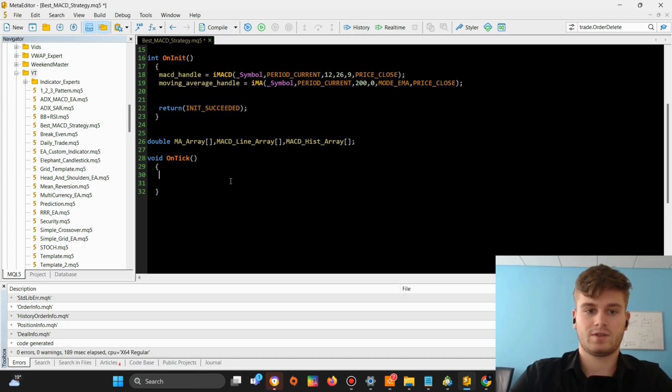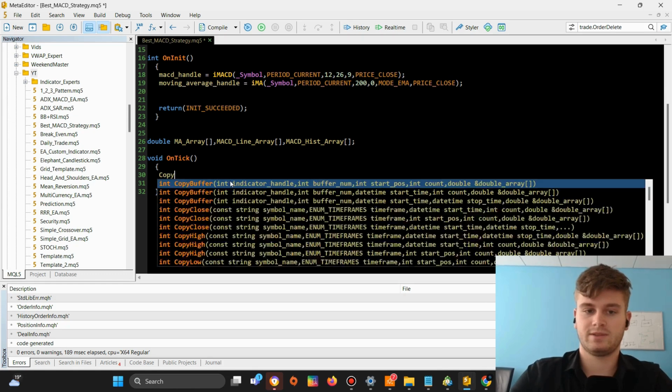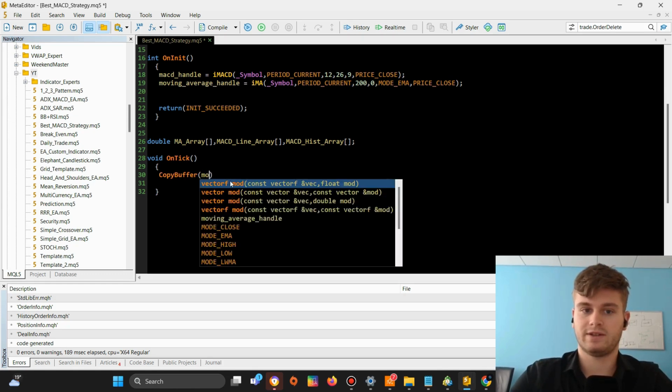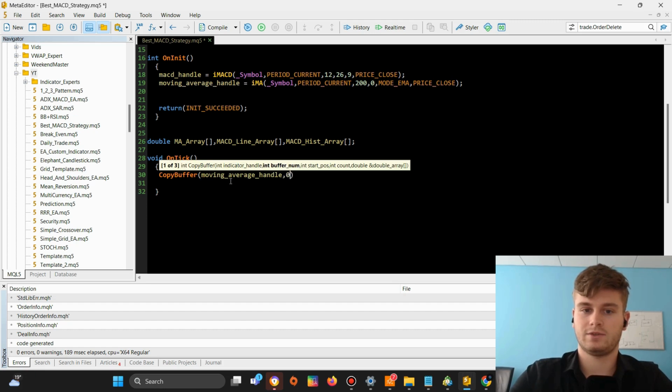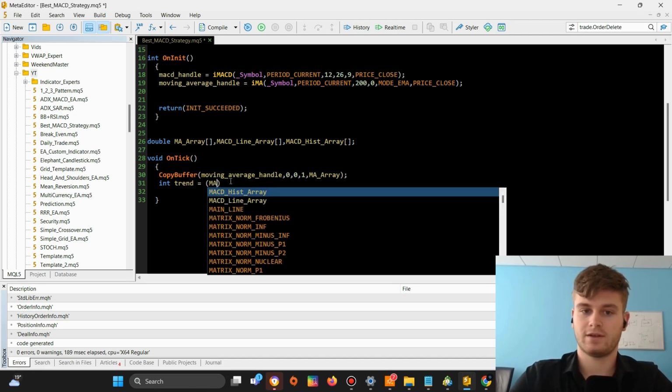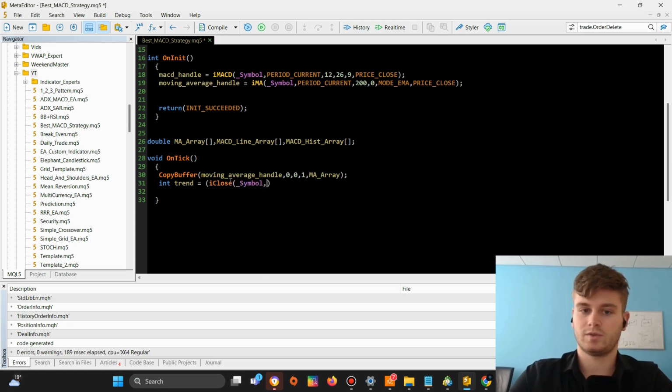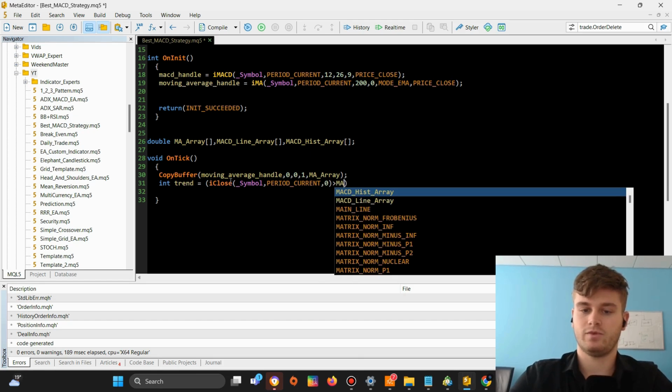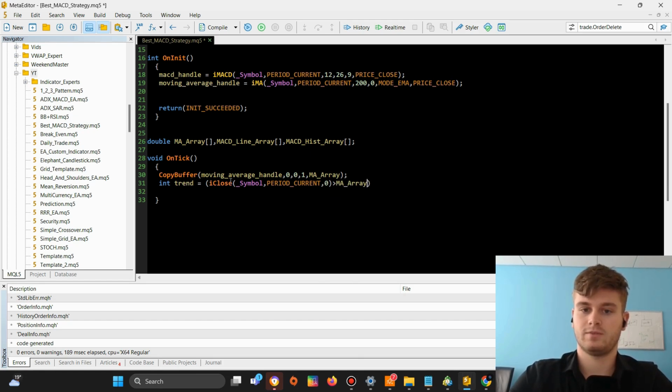Okay, so the simplest thing will be to start with the moving average handle. So buffer number 0, starting position 0, count 1, and it will store the value into MA array. Then I can create the trend integer value, in which I will check if iClose, so that's the current price, is higher than moving average, position 0.